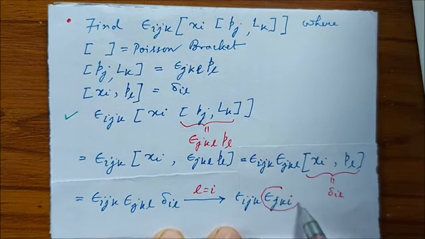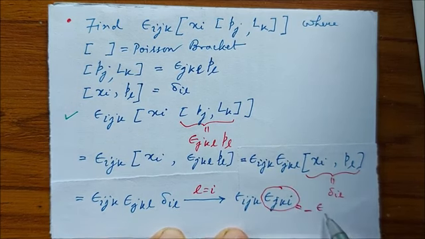Now this quantity can be written as minus epsilon jik through an exchange of these indices, and a further exchange of indices ij will bring another minus sign, so it will become, therefore minus minus is plus, we have ijk.